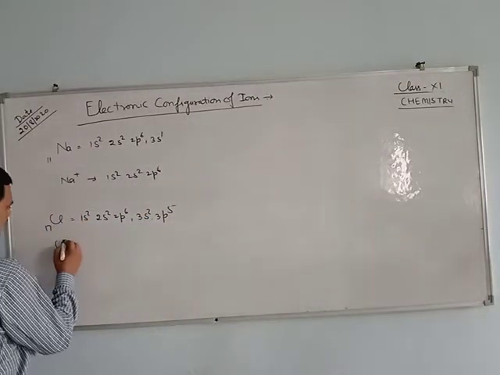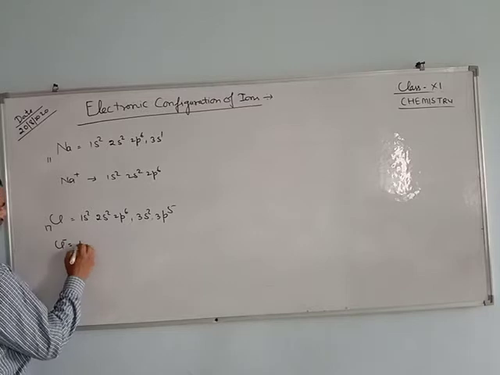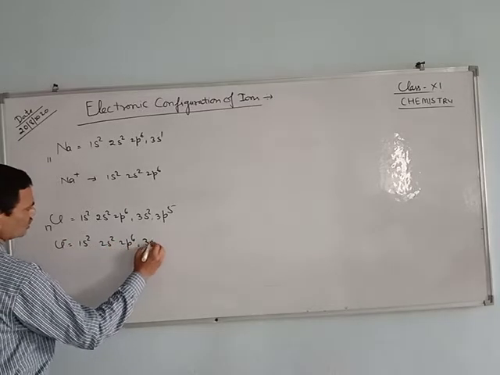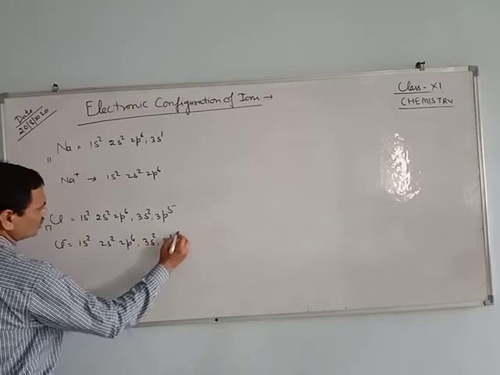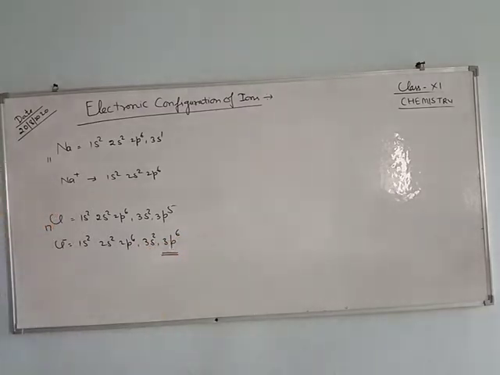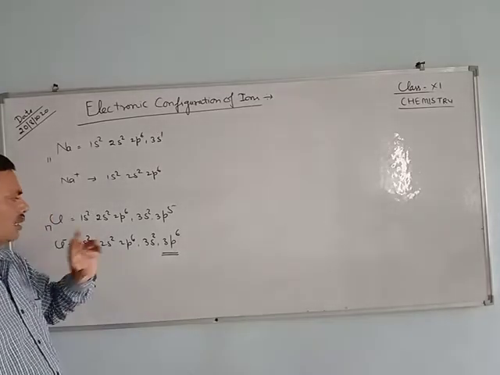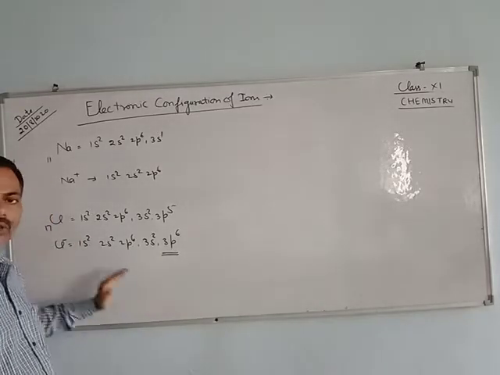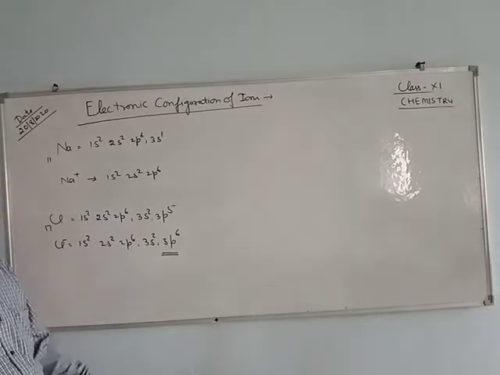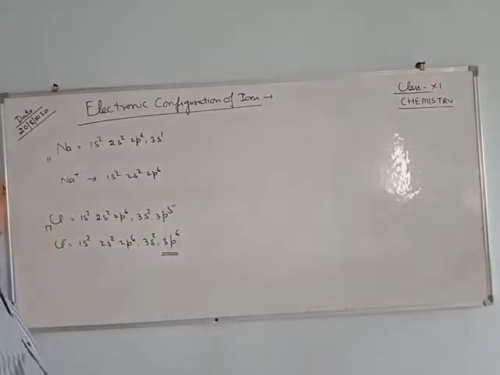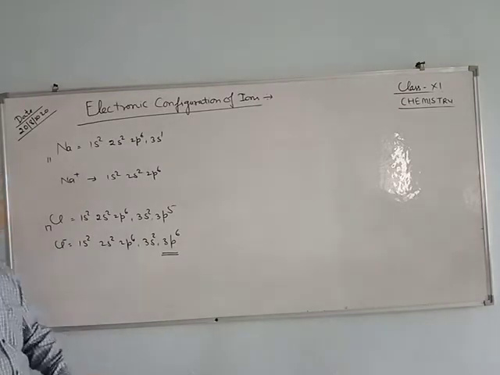Now it has 18 electrons. The electronic configuration will be 1s2, 2s2, 2p6, 3s2 and 3p6. It has gained the electronic configuration of argon, which is an inert gas. This is the electronic configuration of the chloride ion.